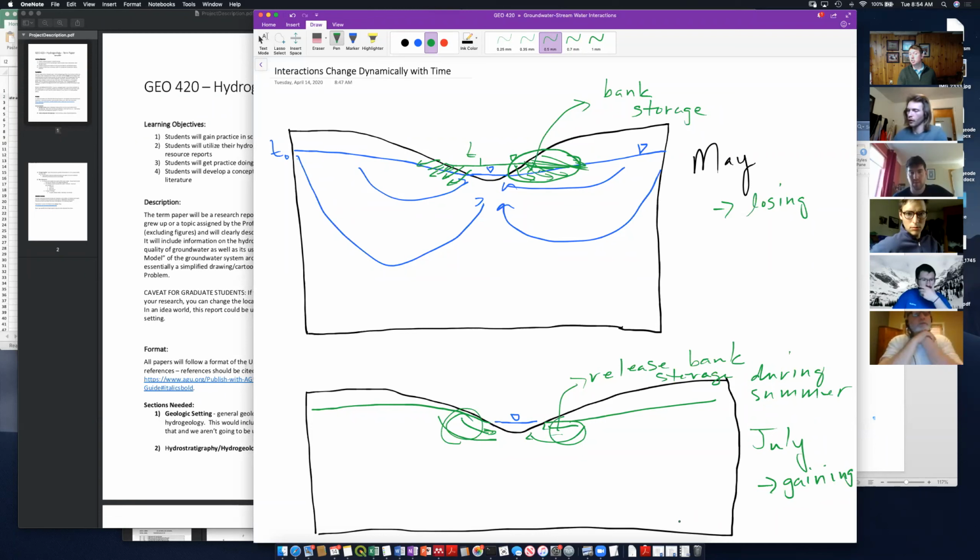We can change on a daily basis whether we're gaining or losing. Okay, so these interactions can change rapidly and are very dependent upon the water level in the stream, and that's a function of how much precipitation, evapotranspiration, and other processes are occurring.